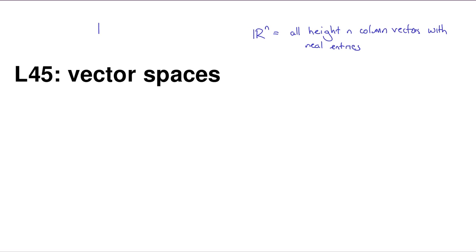So for example, if we were interested in R^3, R to the power 3, that would contain height 3 column vectors like (-1, 0, -π). That would be an element of R^3. We'll also generalize that notation a little bit, so F^n, where F is a field, will mean the set of all height n column vectors where the elements come from the field F.